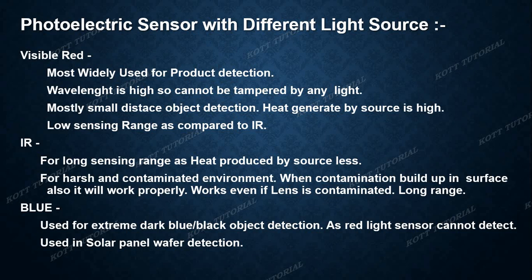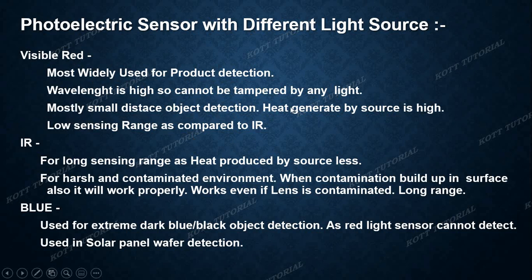For example, if I have a blue environment, that blue light cannot tamper with the red light which is being used by the sensor for the detection of the product, because the red light cannot be tampered with so easily by any other light. The heat generated by this source is also high.